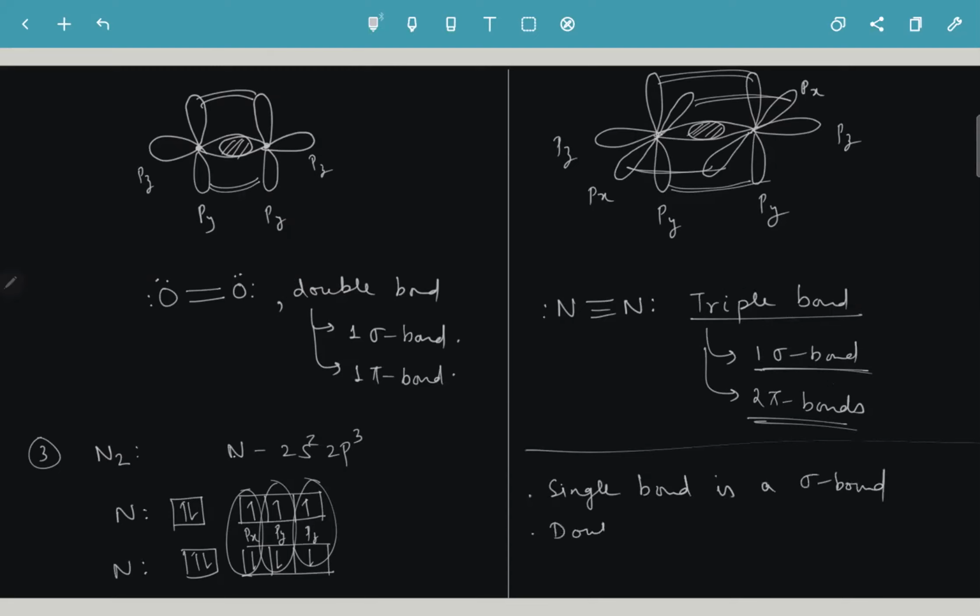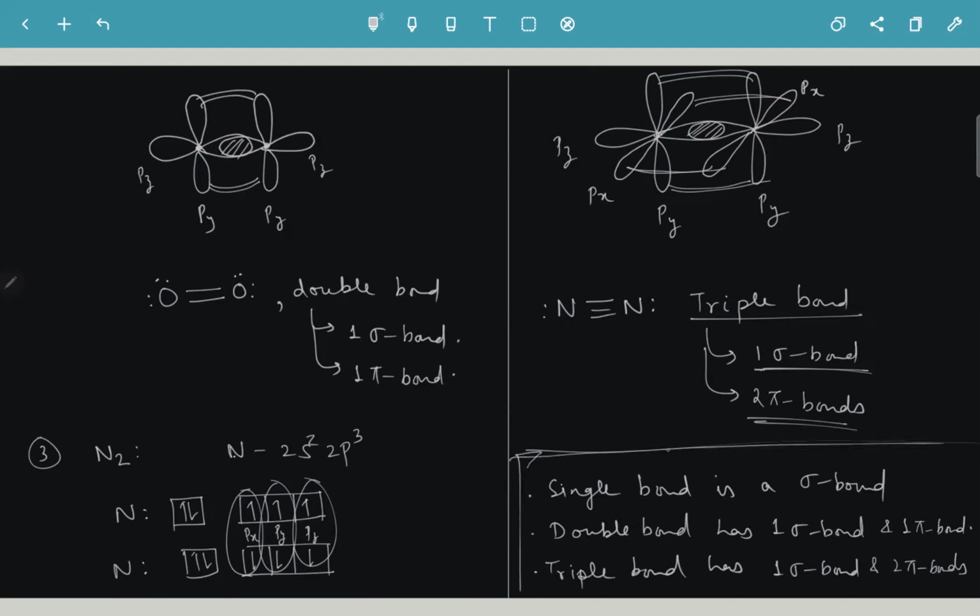Double bond has one sigma bond and one pi bond. And triple bond has 1 sigma bond and 2 pi bonds. Okay, so we can use this result to count the number of sigma and pi bonds in different molecules.